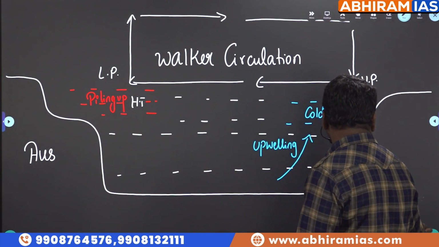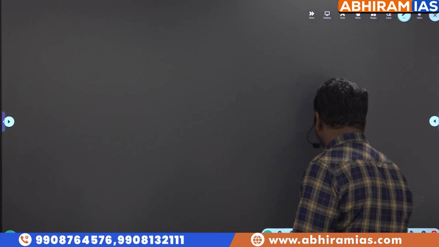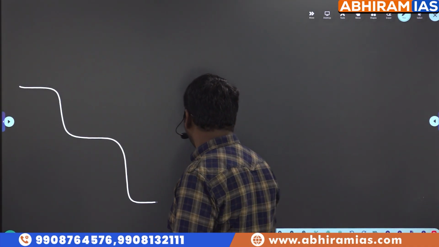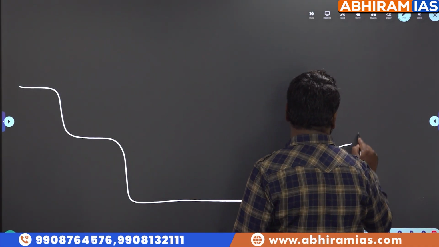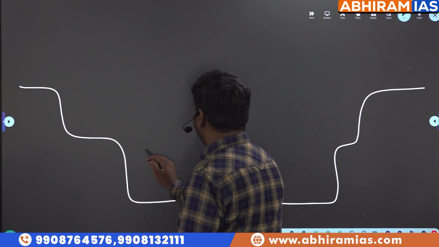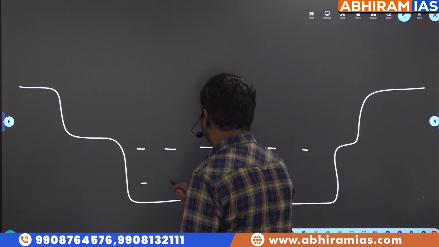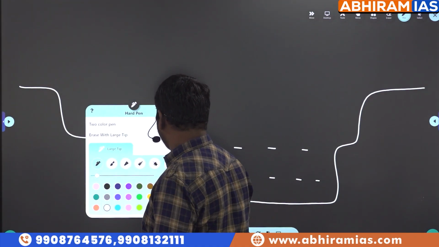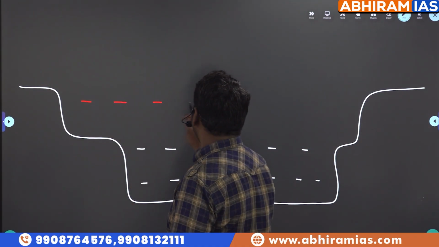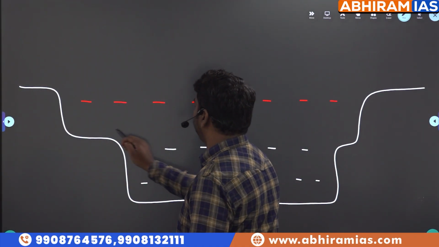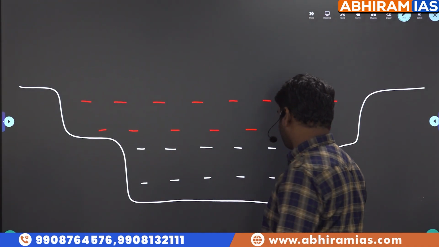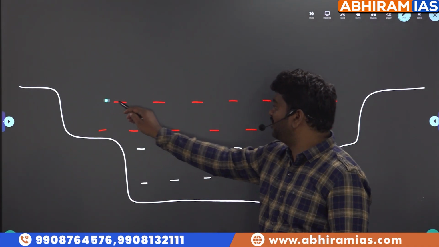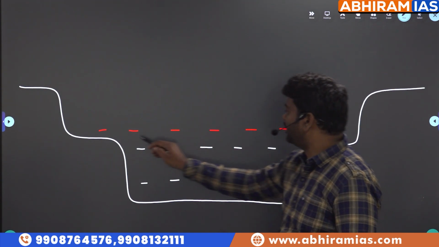When counter equatorial current shifts, can you tell me, counter equatorial current flow from where to where? West to east or east to west? Tell me now, counter equatorial current is going from Australia to South America, correct?